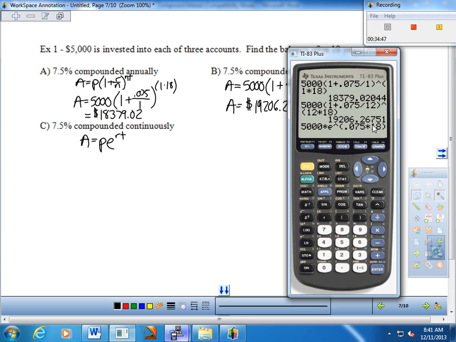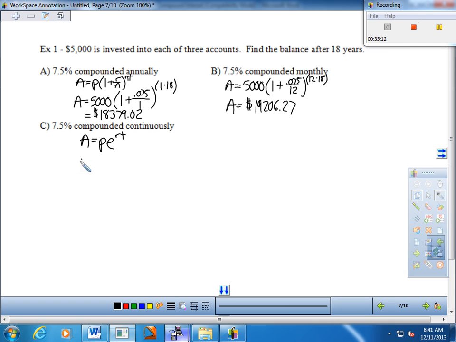So rt at the end there. And do you think it's going to be more or less than the 19,206? Should be more. And there it is. The more that the interest gets to earn interest, the greater the amount. So let's see what we have. In this case, 19,287.13.